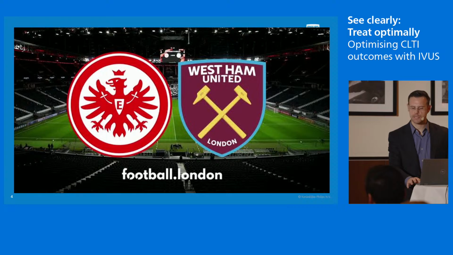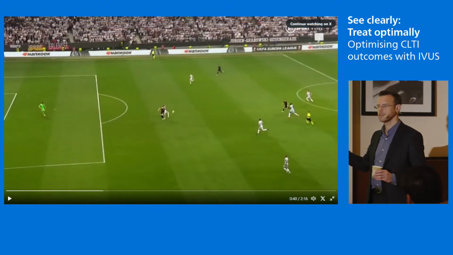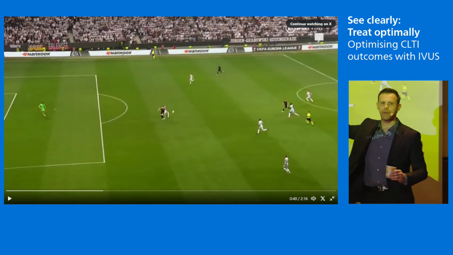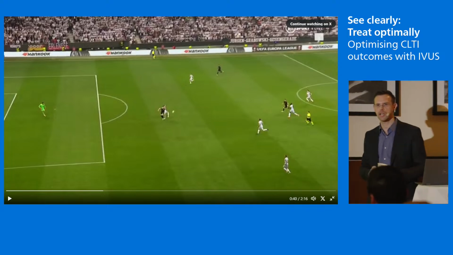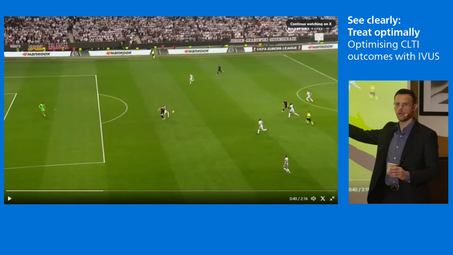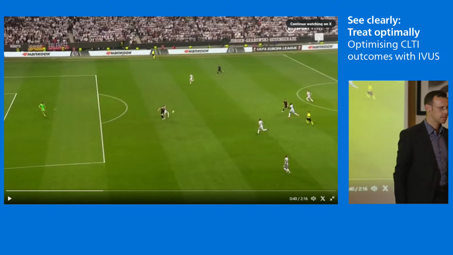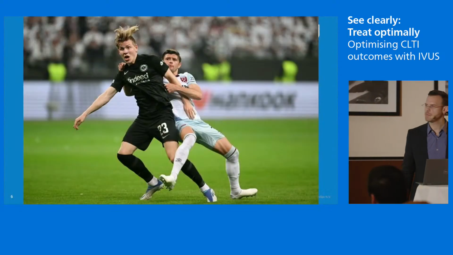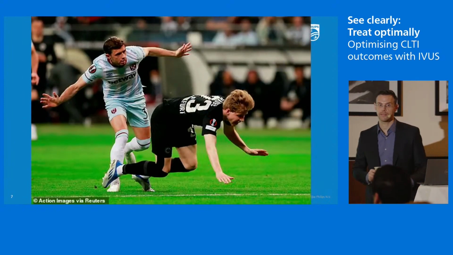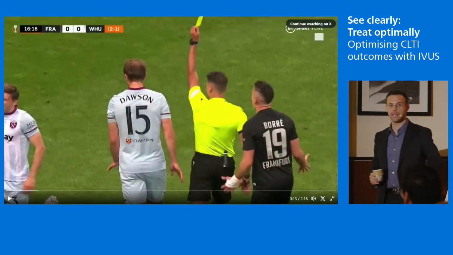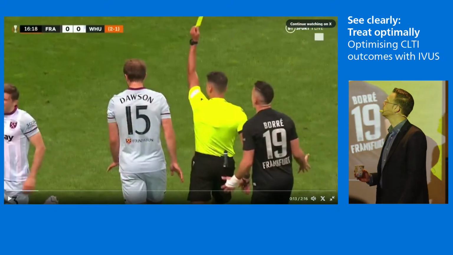And then 15 minutes into the game, this happens. Ball comes over the top, and our veteran defender, Aaron Cresswell, gets caught the wrong side of the youthful Frankfurt striker. He grabs him. He pulls him down. And the ref immediately shows a yellow card.